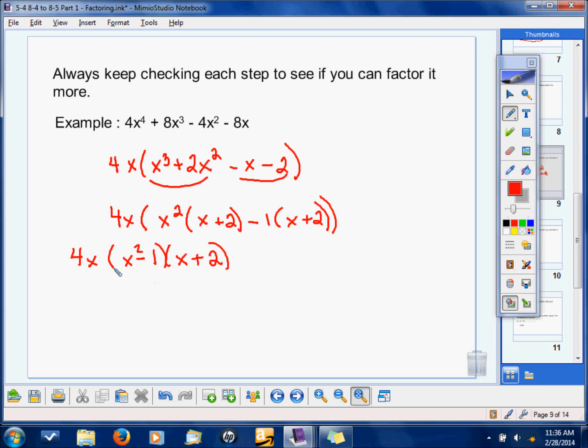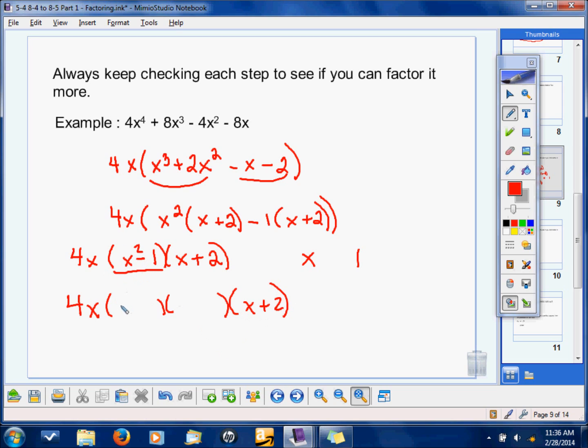This one's a difference of 2 squares. Exactly. We can still factor it out. x squared is the x squared, and what is the square root of 1? 1. So we have 4x, and then this one can break down, so it ends up with 3 sets of parentheses. Nice, this is factored completely.